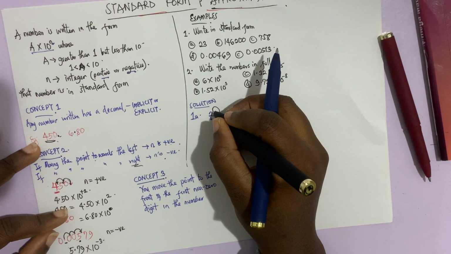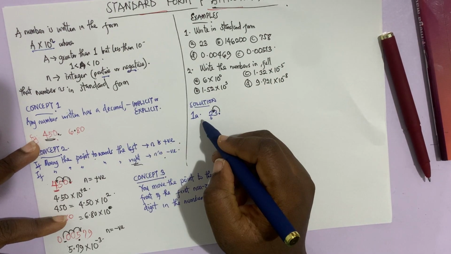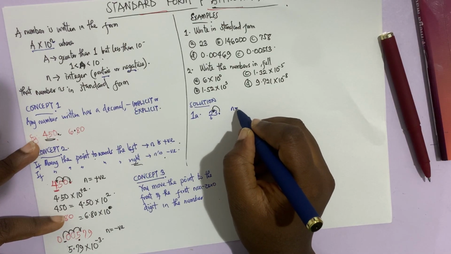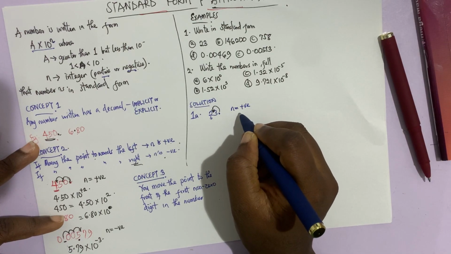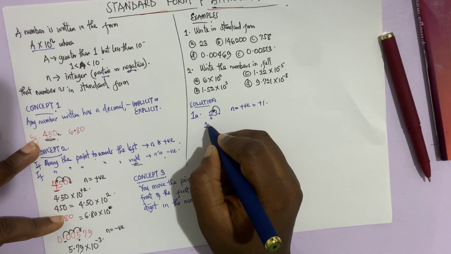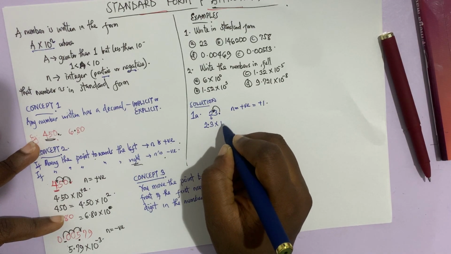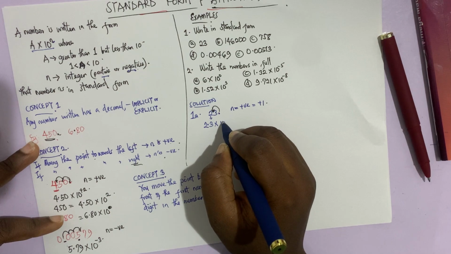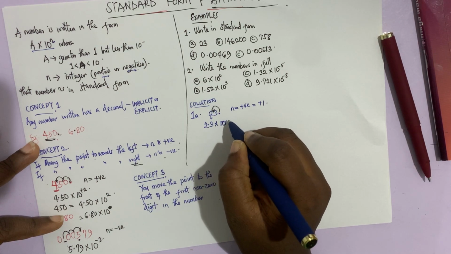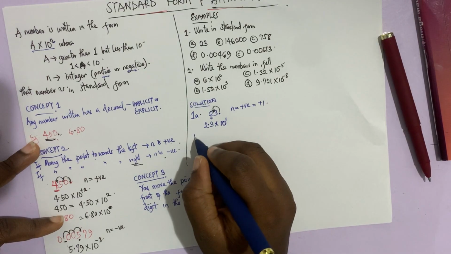We move only once to get there. Since we are moving towards the left, n is positive. We move 1, so that's plus 1. So this becomes 2.3 times 10 raised to power 1. Question B.